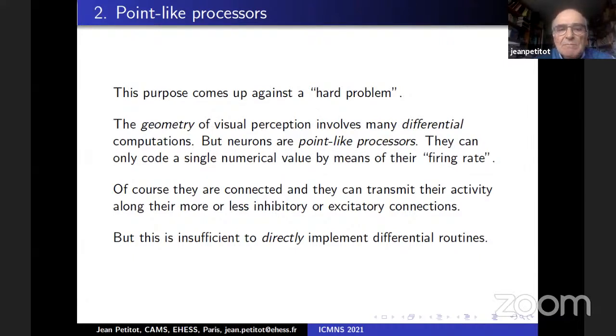The geometry of visual perception involves many differential computations, it's evident. But neurons are essentially point-like processors. They can only code a single numerical value by means of their firing rate. Of course, they are connected and they can transmit their activity along their more or less inhibitory or excitatory connections, but this is radically insufficient to directly implement differential routines.